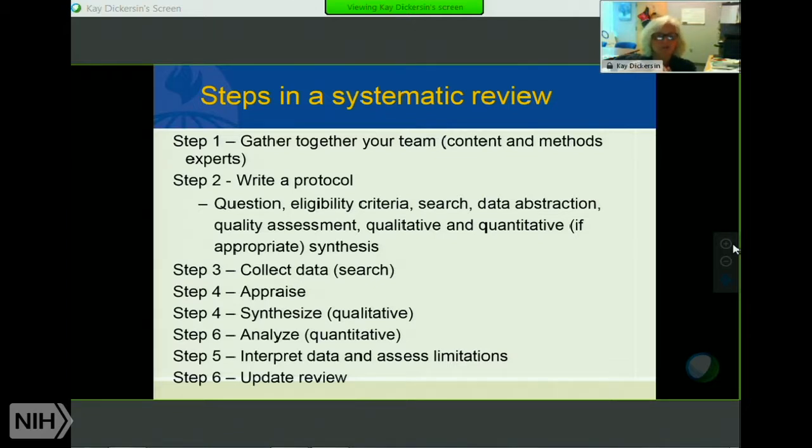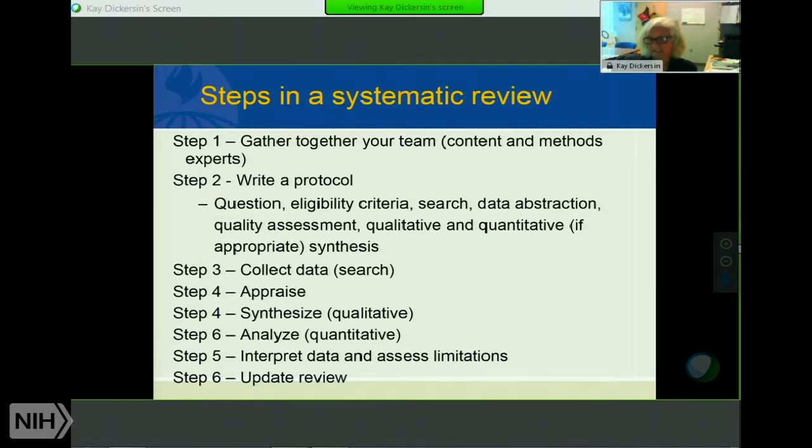This is where you say what your question is, what the eligibility criteria are, how you will do your search, how you will extract data and do your quality or risk of bias assessment, the synthesis that you'll do, et cetera. So the protocol is very important. It's a ton of work, but it actually makes the next part, that is doing your review, less work, and it gives an opportunity for others to comment on what you say you're going to do.